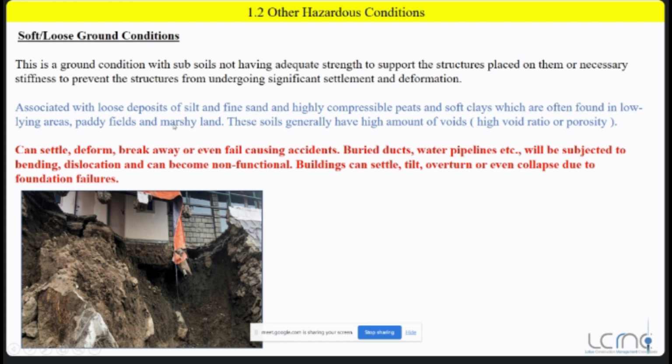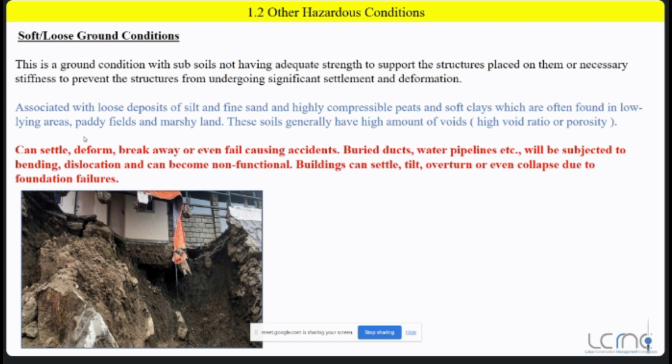This is the condition with subsoils not having adequate strength, that means they do not have adequate soil bearing capacities. On the other hand, these soil profiles are associated with loose deposits of silt and fine sand, and highly compressible peats and soft clays, which are often found in low-lying areas, paddy fields, and marshlands.